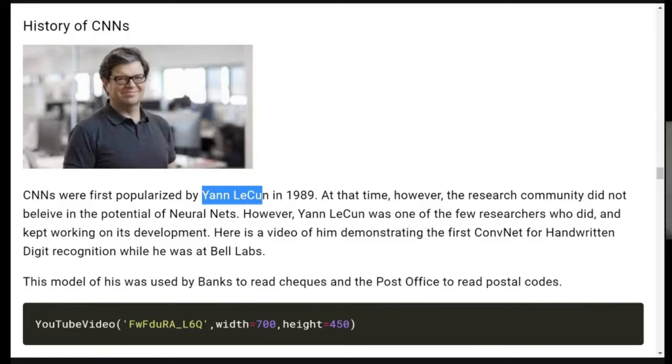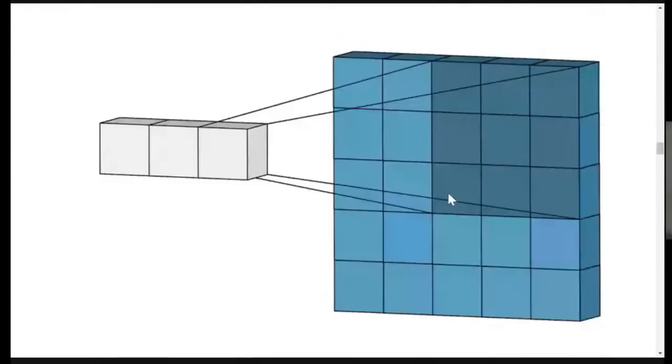He's considered one of the top three, let's say, AI gods, besides Yoshua Bengio and Geoffrey Hinton. These guys, at the time when no one believed in deep learning, did. And they completely revolutionized what we call deep learning in general. So that's what a convolutional neural network is.